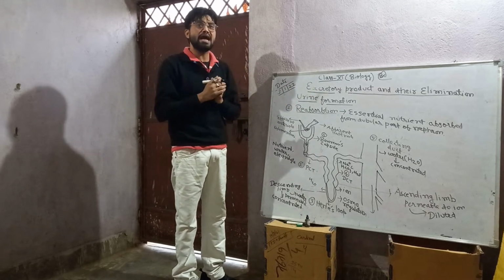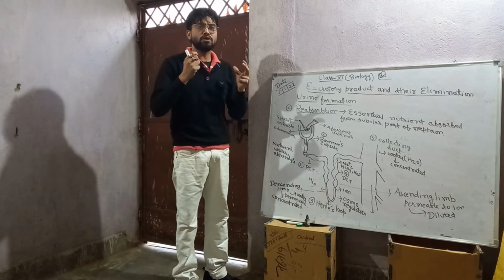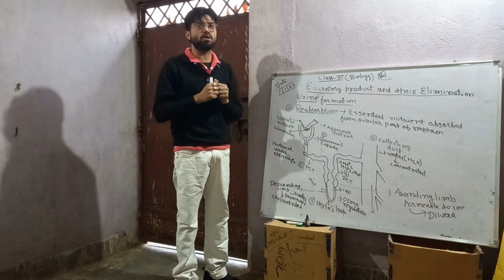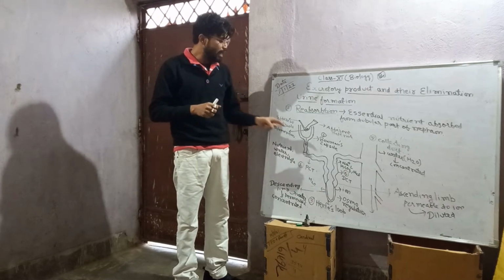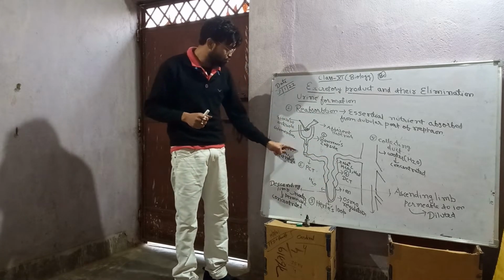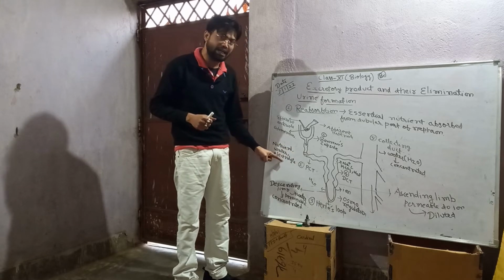Again, my dear students, I am repeating the whole thing: reabsorption means absorption of essential nutrients by the tubular part of the nephron. Here you are observing the tubular part of the nephron. First in the PCT, nutrients, water and electrolytes are absorbed.